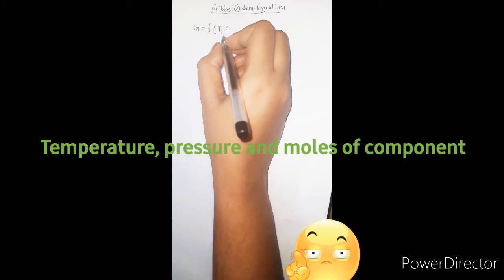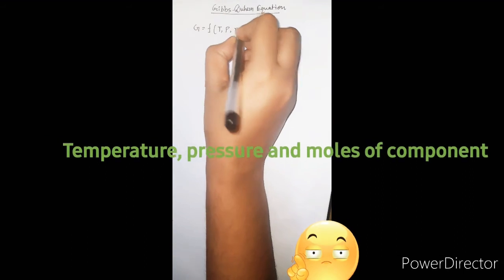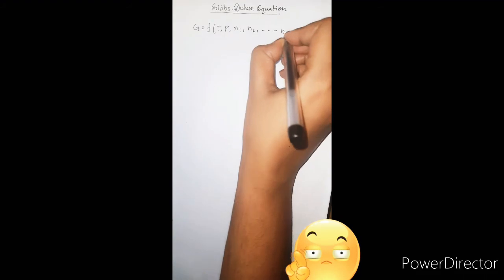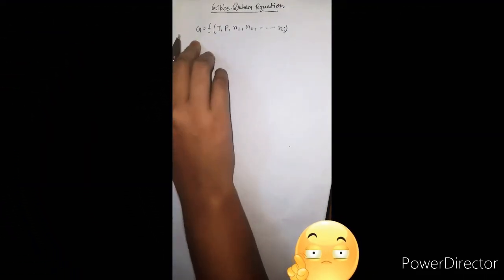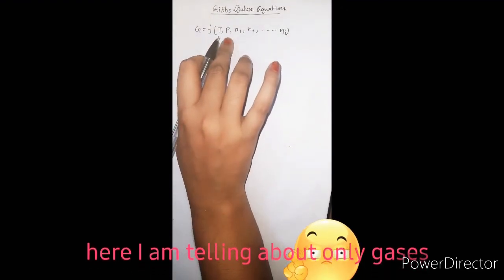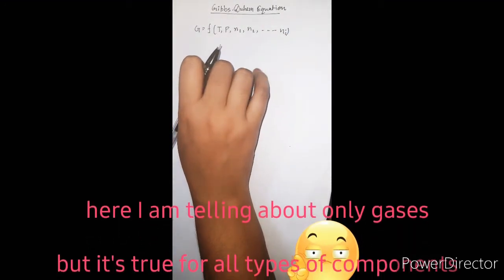If total n moles of gas are present in the system, and n1 is the moles of type 1 gas, n2 moles of type 2 gas, and like that up to ni, then Gibbs free energy is a function of T, that is temperature, P, that is pressure, and the moles of the gases present in the system.